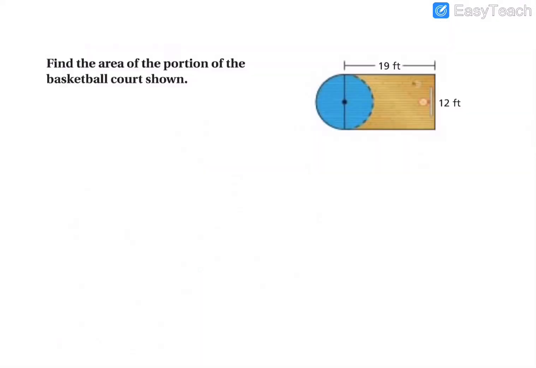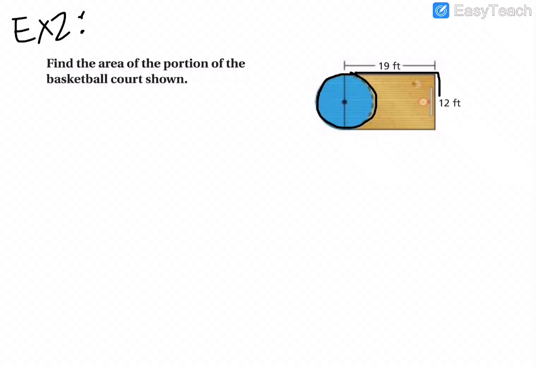Okay, now let's get into example 2, where we're throwing in the circles into the mix and the half circles, as you can see on this one. So this looks kind of funny because the basketball court has this circle and this rectangle, but you obviously wouldn't want to count this area right here twice because it's part of the circle and the rectangle.